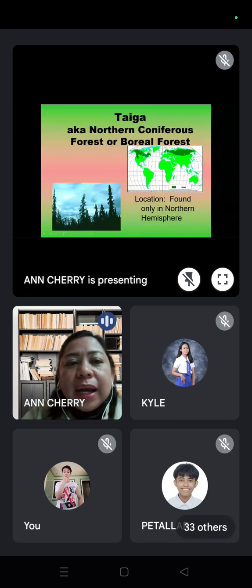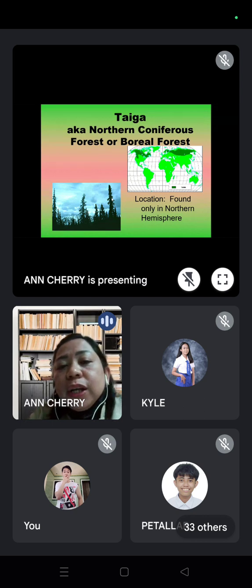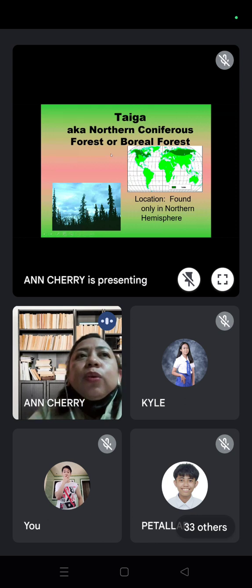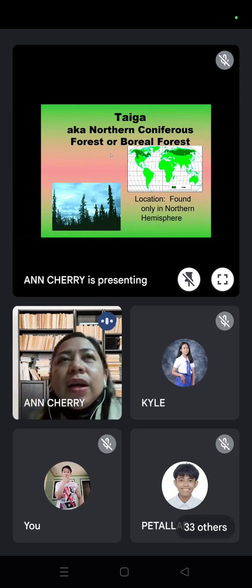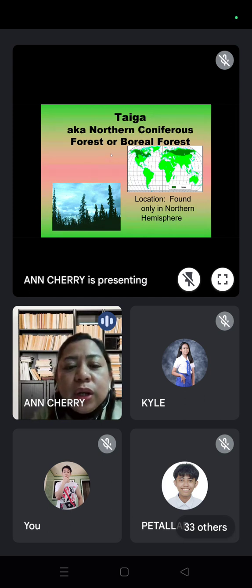Then we have the taiga, also known as the northern coniferous forest or the boreal forest. Actually, tundra and taiga, then temperate deciduous. Okay. The taiga is found only in the northern hemisphere.